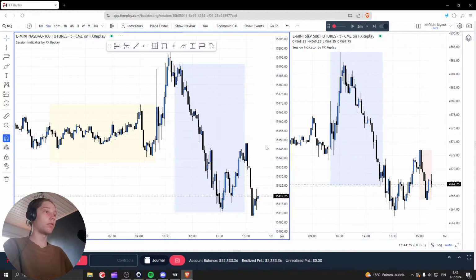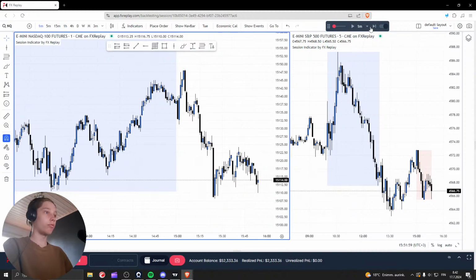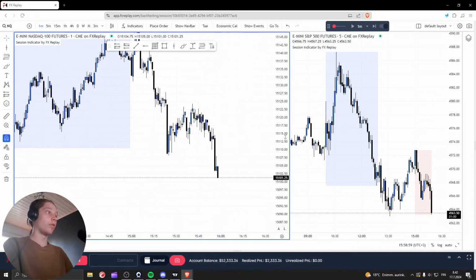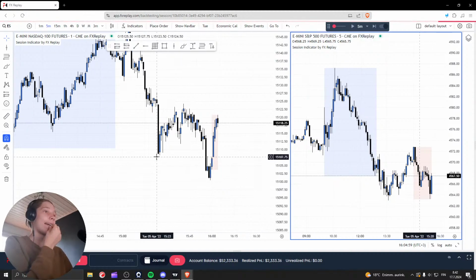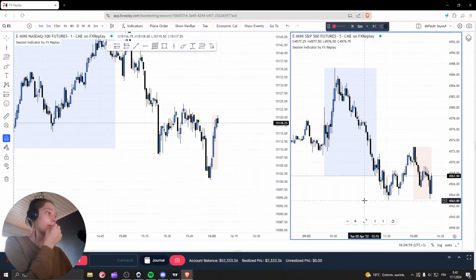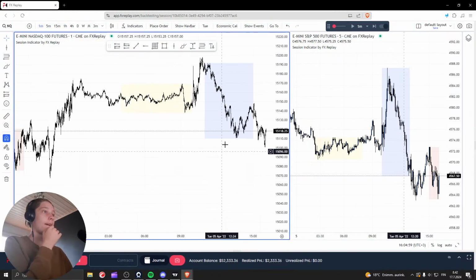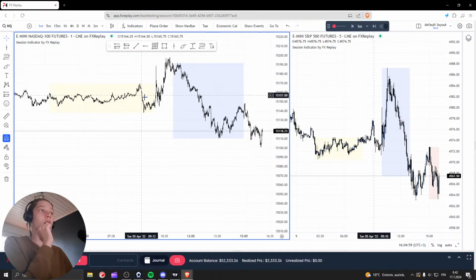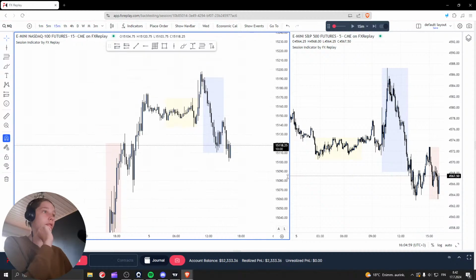So that time is right. Usually we want to start trading at 9:30 New York time when the market opens. Okay, that's a big SMT. 15 minute order block.